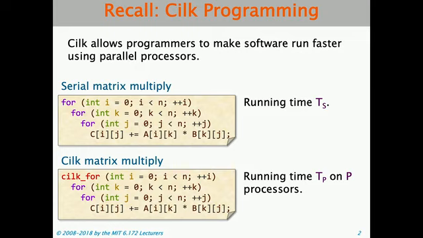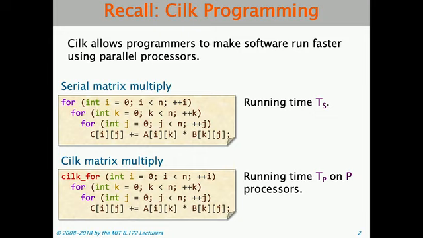Just to quickly recall something that you're all, I'm sure, intimately familiar with by this point. What's Cilk programming all about? Well, Cilk is a parallel programming language that allows you to make your software run faster using parallel processors. And to use Cilk, it's pretty straightforward. You may start with some serial code that runs in some running time.